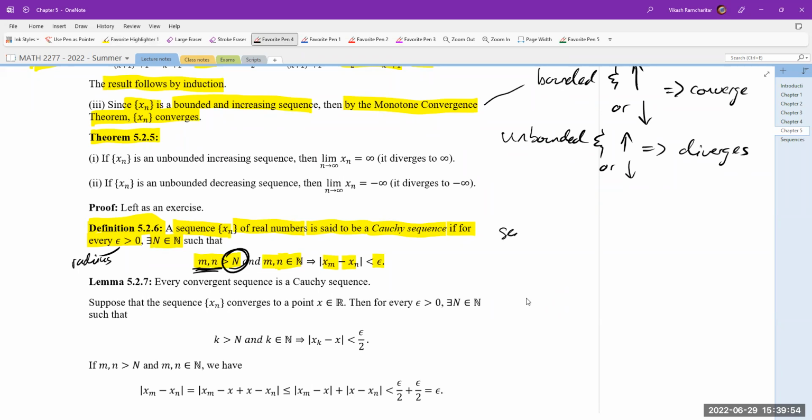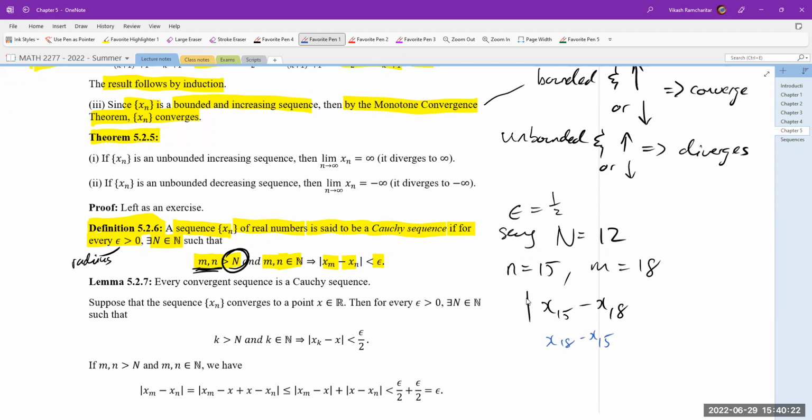So let's say you give me epsilon equal to 1/2, and say I determine my N is equal to 12. What that means is if I take, let's say, n equal 15 and m equal 18, then the distance between the 15th term and the 18th term, and again, it doesn't matter whether I do x15 minus x18 or x18 minus x15, because the modulus is going to clear any negative sign anyway.